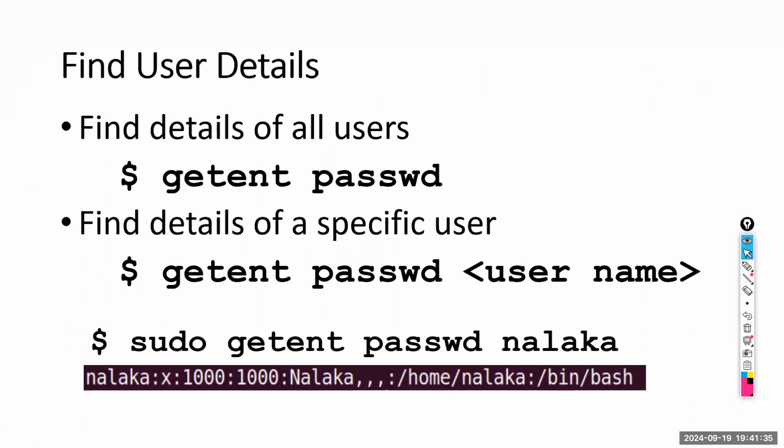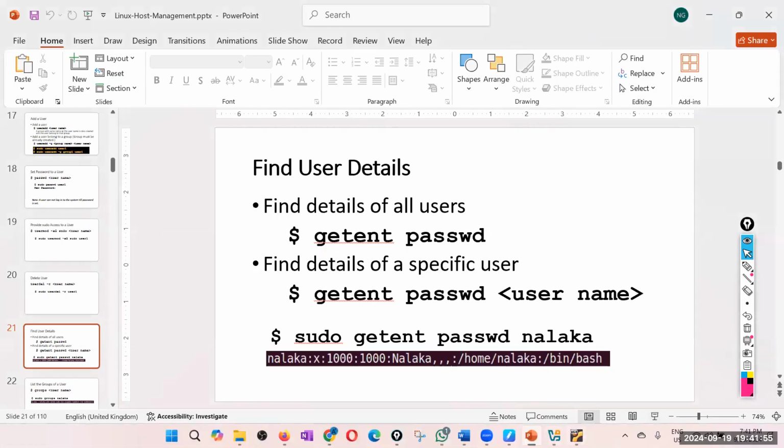If you want to get details about users, this is the way to go. getent passwd. That will give all the user details, but not the passwords. But if you want to see the details of a particular user, getent passwd and the username. So let's use that also.